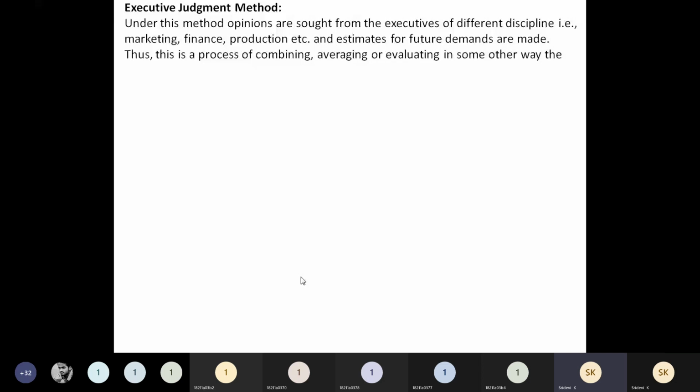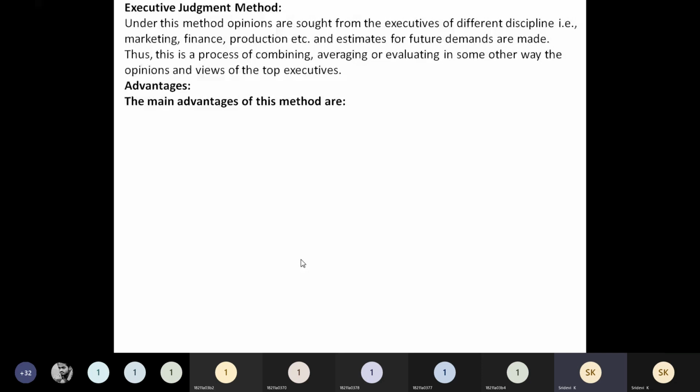So you can take a combination of these executives, collect the opinions from all these top executives, and apply that. You can conclude how the sales will be affected, whether they are going to increase or decrease. This type of judgment has certain advantages. What are the advantages of using this method?